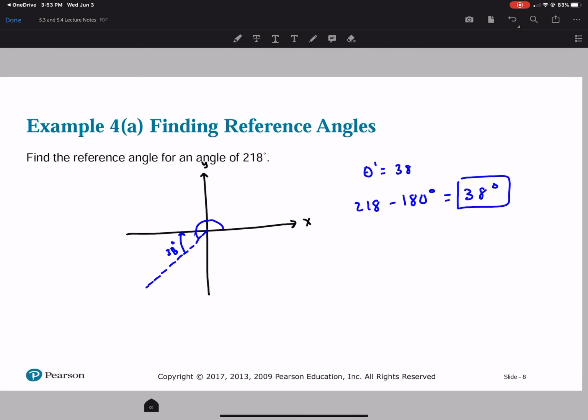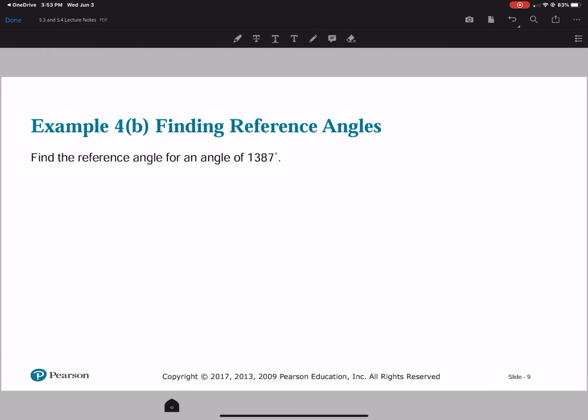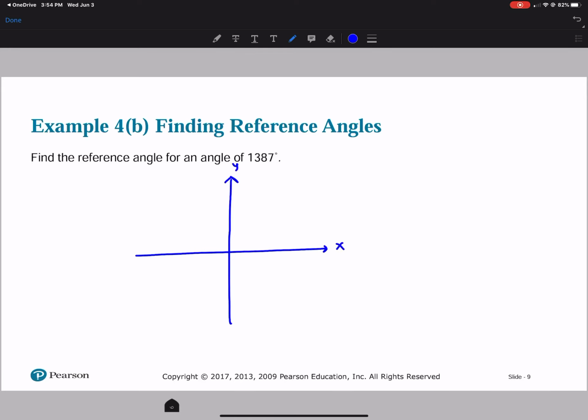Let's look at the next one. This is the y, this is the x. With this, we just kind of want to see what we have. We know if we go around twice, we're at 720.